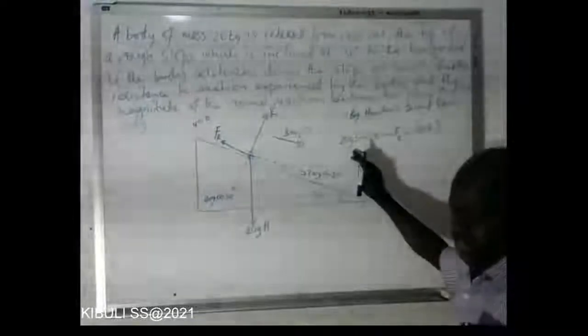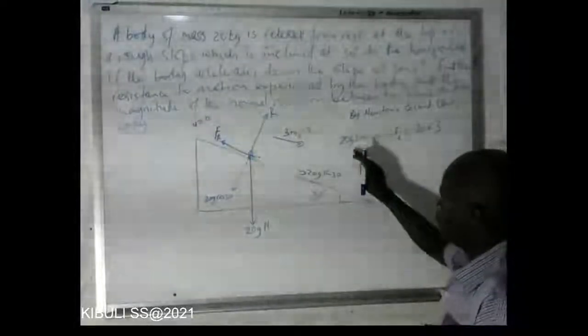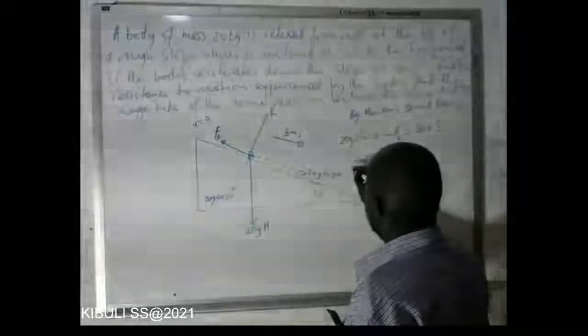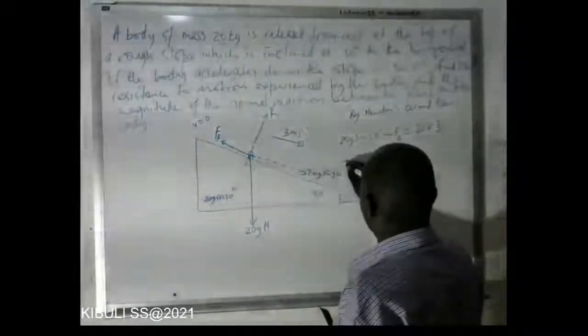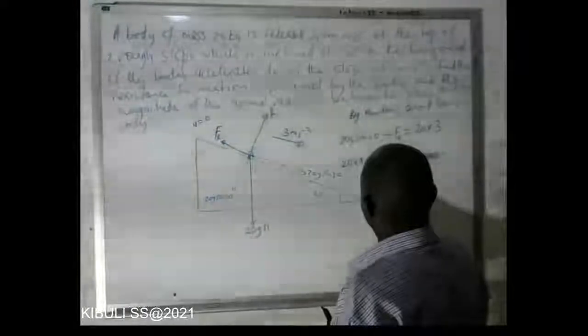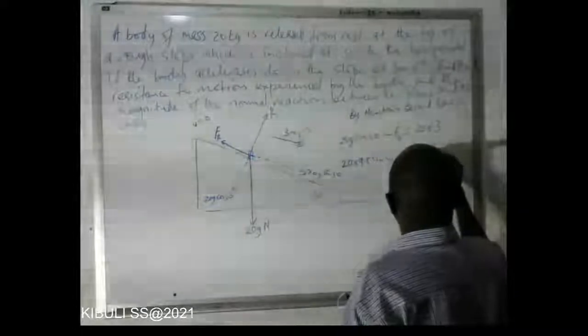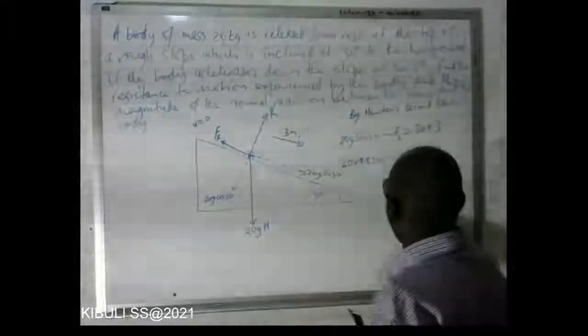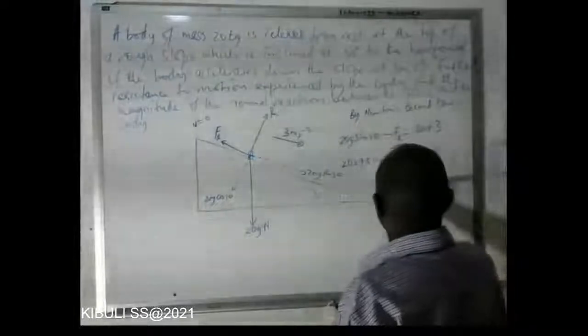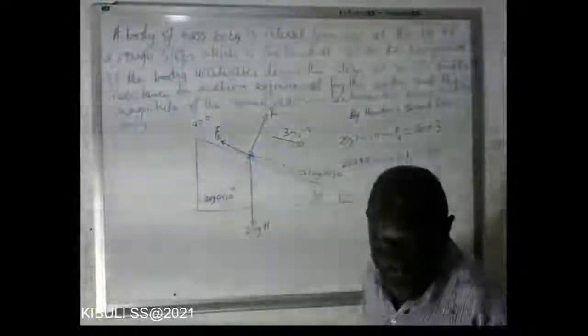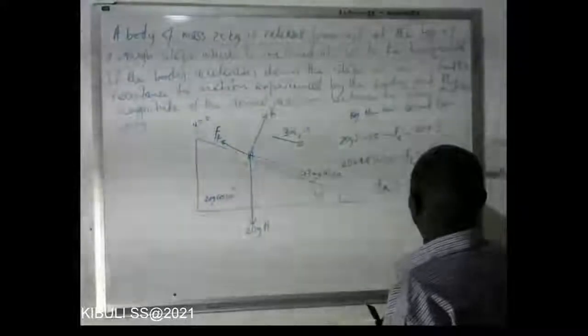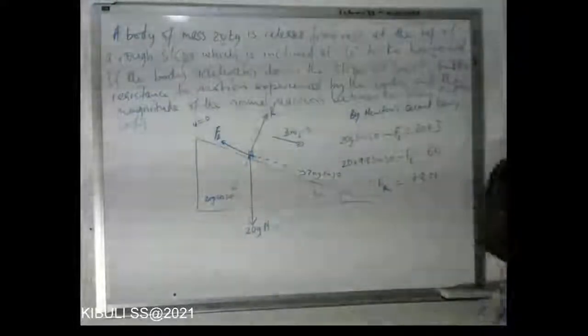Now G is the acceleration due to gravity, and its value is 9.8. So this is going to be 20 times 9.8 sine of 30 minus Fr equals 60. When we solve this, we get Fr, the resistance, to be equal to 78. The resistance is going to be 78 newtons.